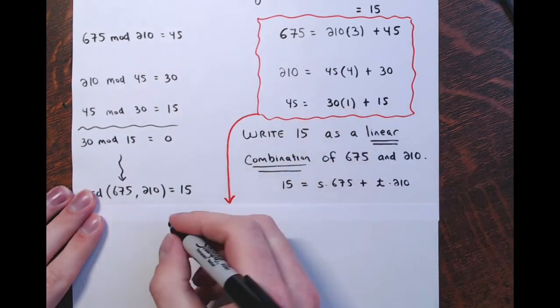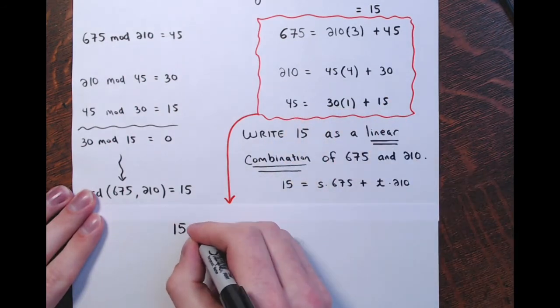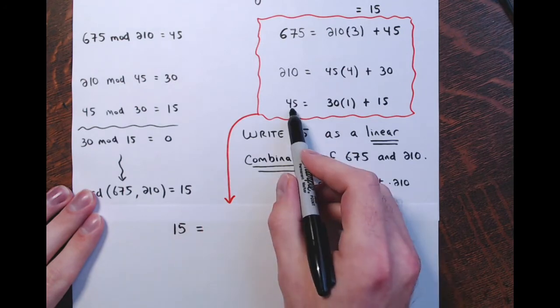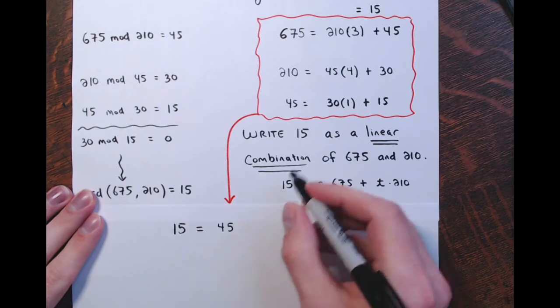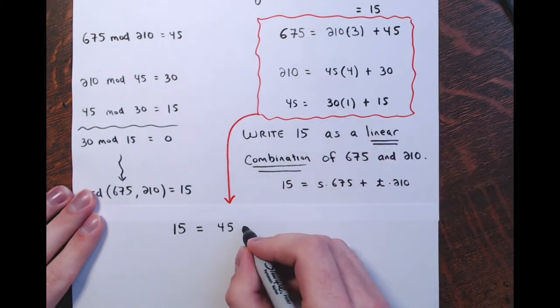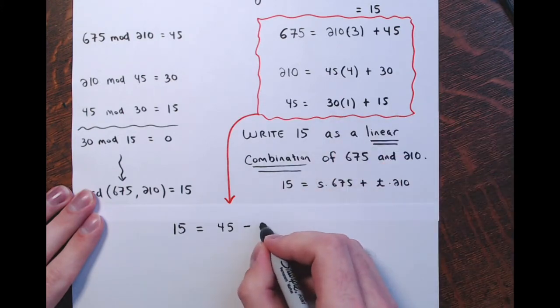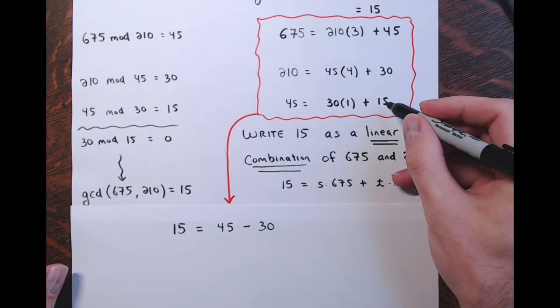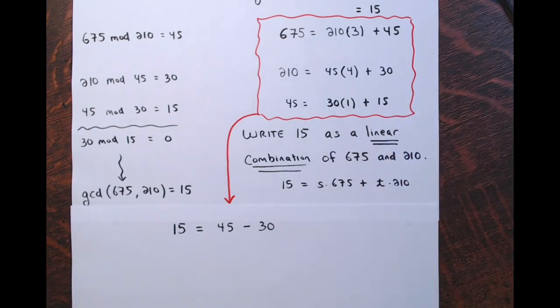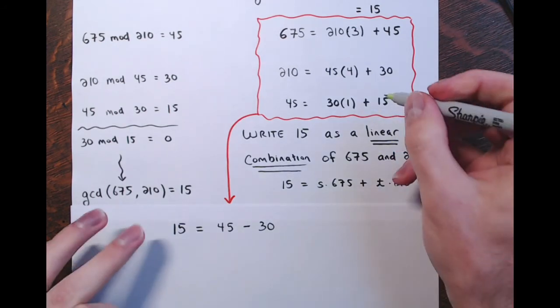So 15 would be equal to just 45 minus 30, because 30 times 1 is just 30. So 45 minus 30. So that was the first remainder. I was solving for the first remainder right here.